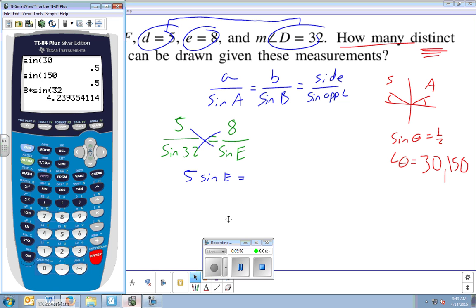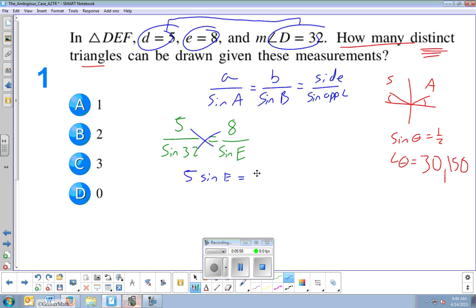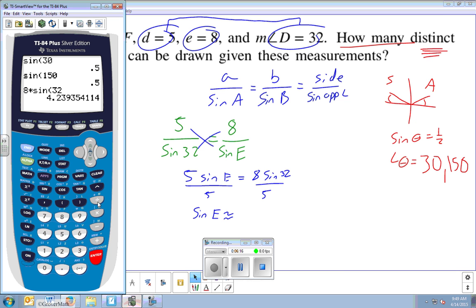I'm just going to express it right now as 8 sine 32. To get sine E alone, I divide by 5. And sine E is approximately, because it's going to be some decimal, this number divided by 5.